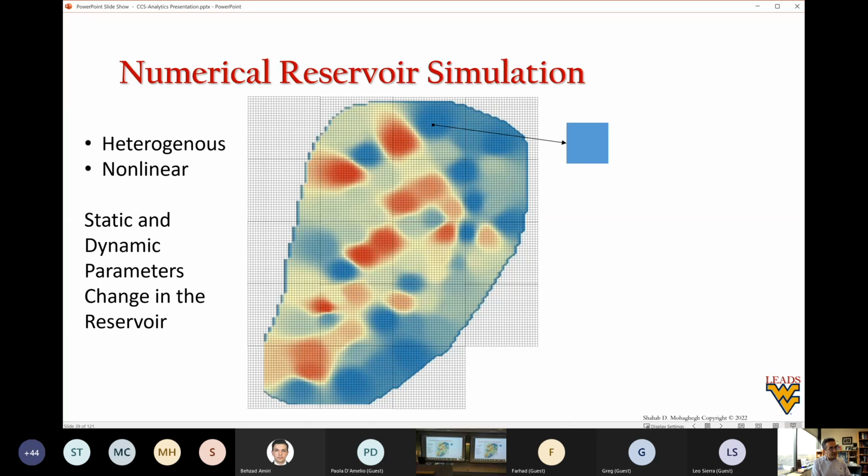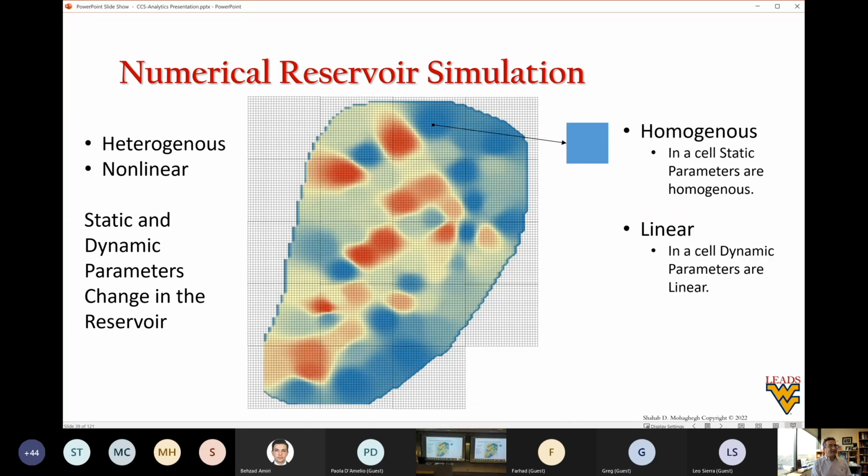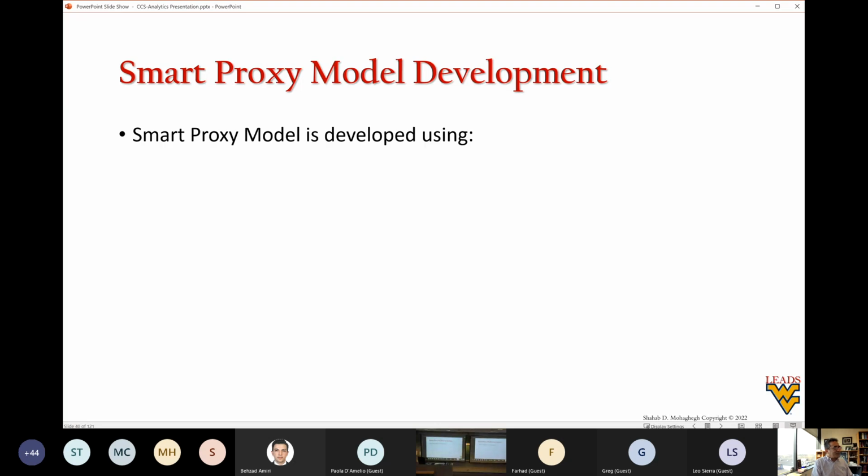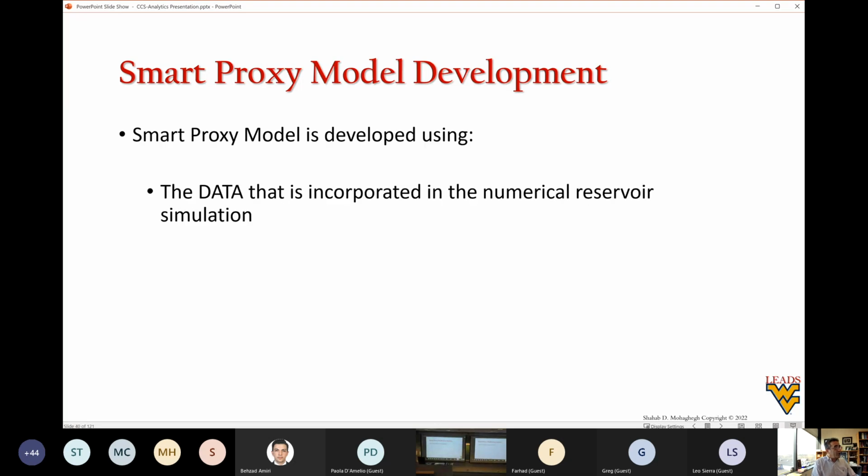This is no longer heterogeneous and nonlinear because it's small in space, so it becomes homogeneous in static parameters in a cell, and in a cell, dynamic parameters become linear. Why? Because the time step is small, and you see the cells are small. That's why we have to go. So this is another cell, this is another cell, and as you very well know, this is what we do. Correct?